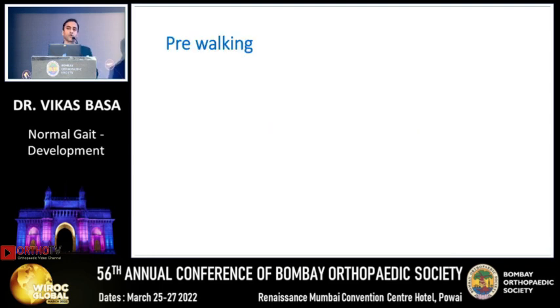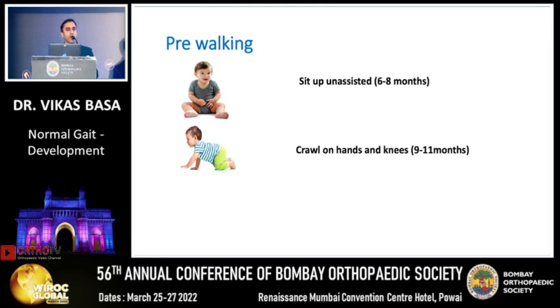A lot of preparation goes before the child actually starts walking. The development of a child always starts from head to toe. They sit unassisted by about 6 to 8 months. This is the time when we understand that the spine is adequately stable and the trunk muscles are well developed. They crawl at around 9 to 11 months. This is the first time they start moving from one place to another.